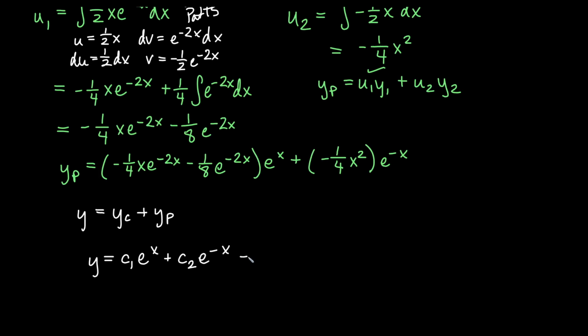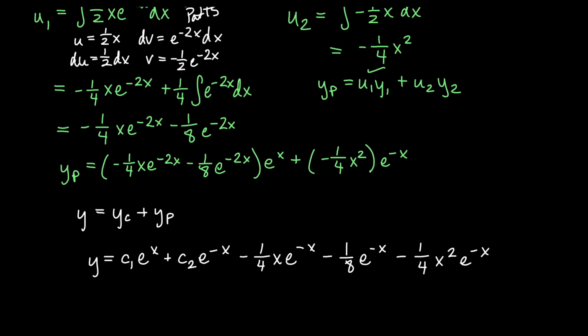So we're going to get negative 1/4 x e to the, if we raise the power by an x here, that would be e to the negative x there, minus 1/8 e to the same thing here, add these exponents, we'll get negative x. And then if we just multiply this, we'll get minus 1/4 x squared e to the negative x.